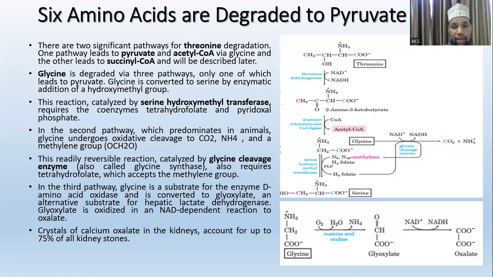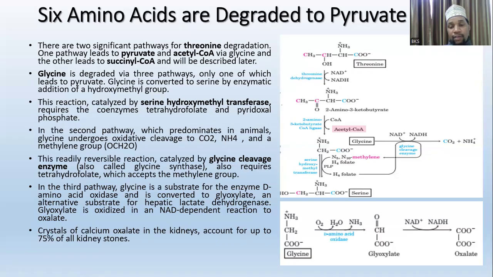The most common and the predominant one is the one that does not lead to pyruvate, the one that leads to complete breakdown to form carbon dioxide and ammonium, which is the one catalyzed by glycine synthase, also called the glycine cleavage enzyme.